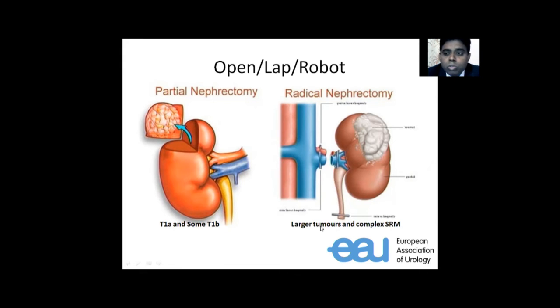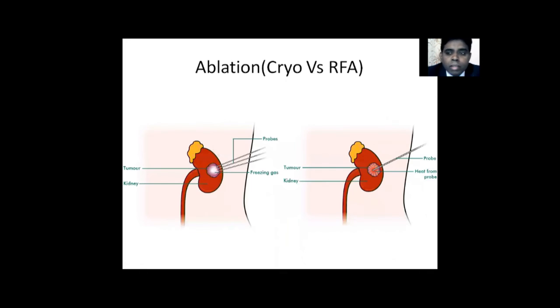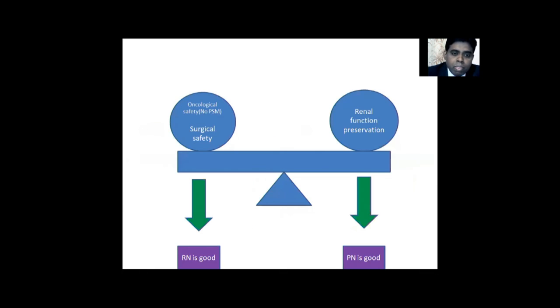For the larger tumors or complex small renal masses, they need a radical nephrectomy. There are other options for small renal masses where the tumor size is less than 4 centimeters. We can deal with ablation by cryotherapy or radiofrequency ablation, or we can go for active surveillance.